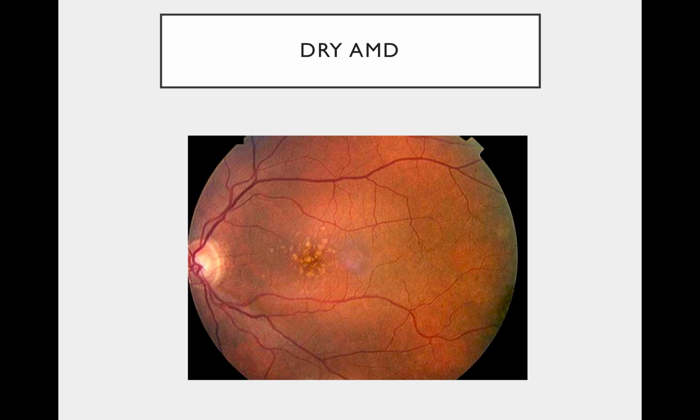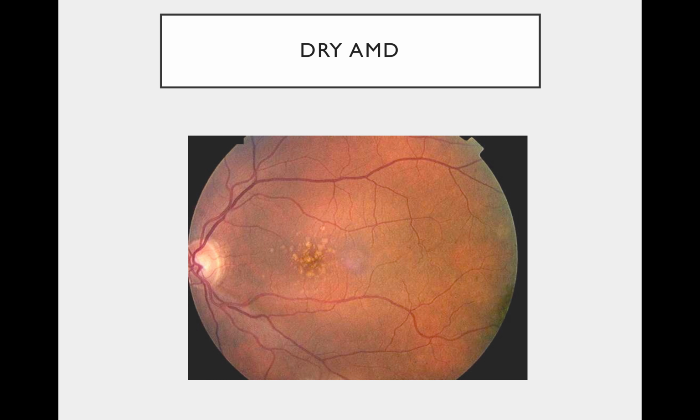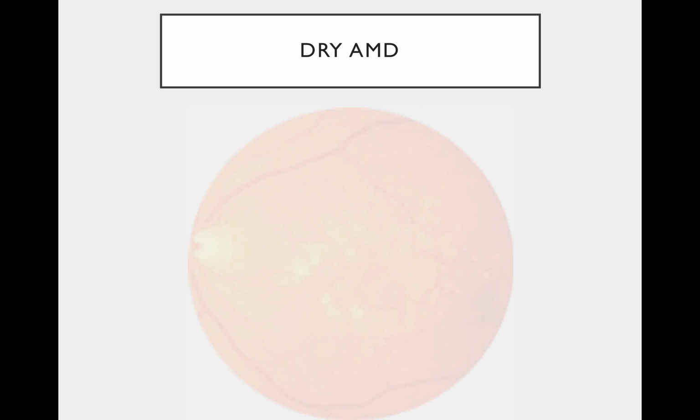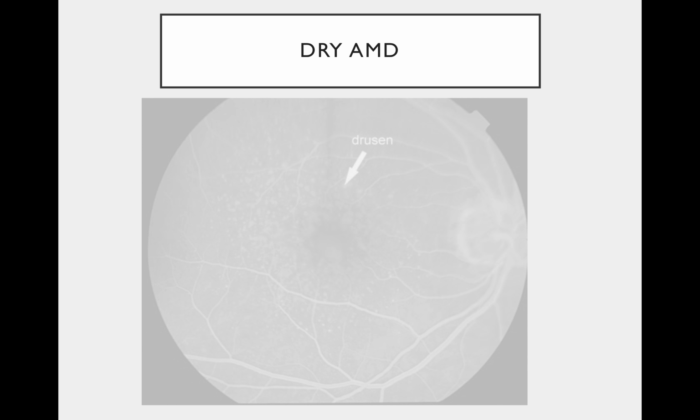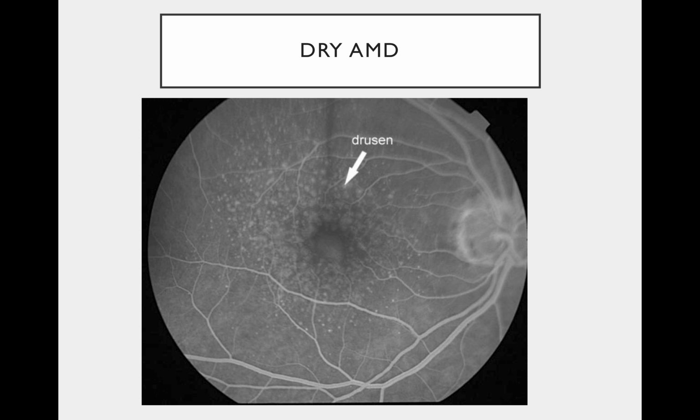The photograph here highlights these yellow spots in the foveal area, which are moderate size, soft drusen. In a more advanced case of macular degeneration, you see these deposits become larger. And the fluorescein angiogram highlights these deposits.